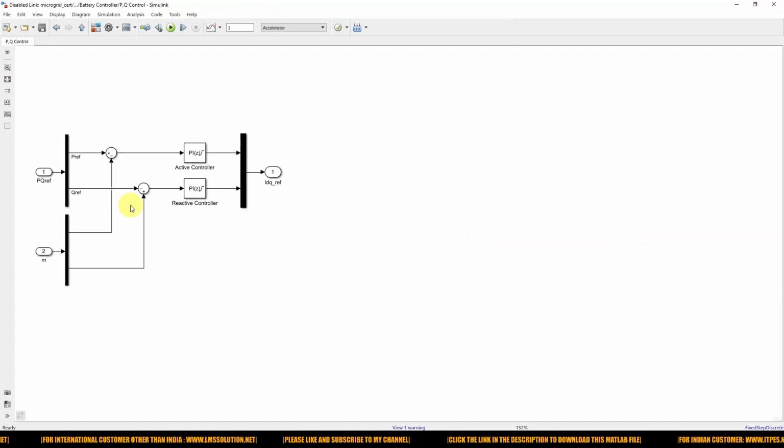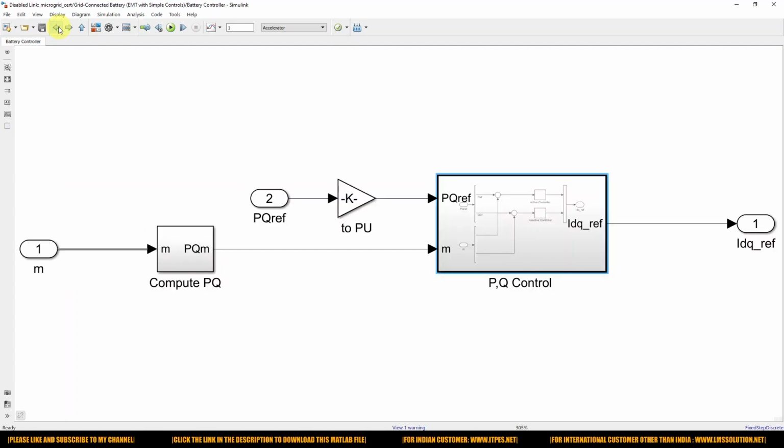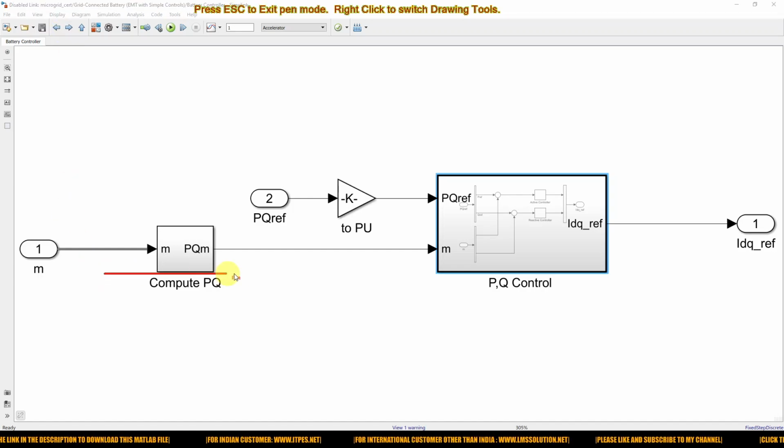This is the calculation used for calculating the IDQ reference based upon the PQ reference as well as the real power from the grid inverter. Here we are going to measure the grid inverter power and the reference power.